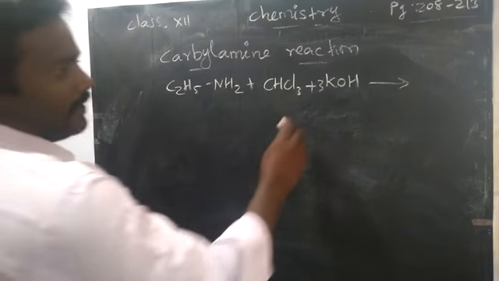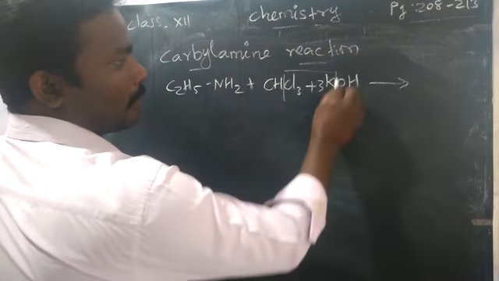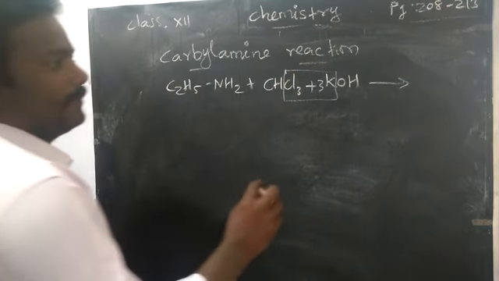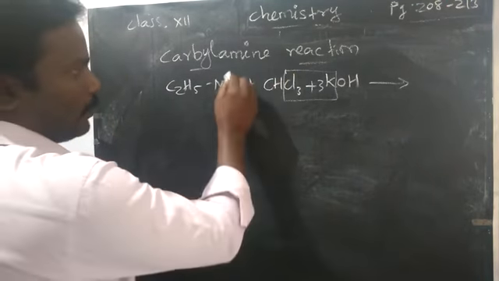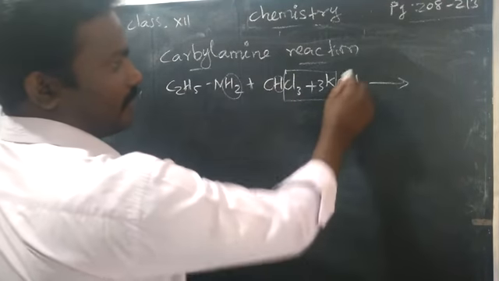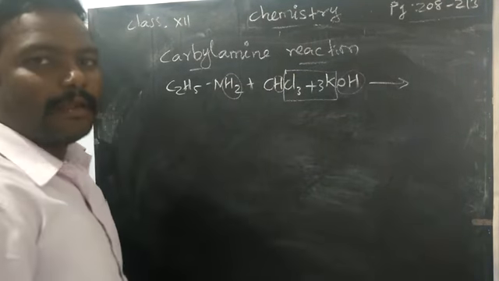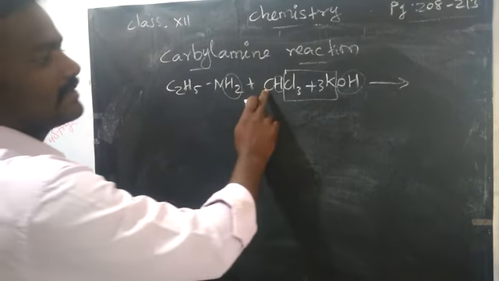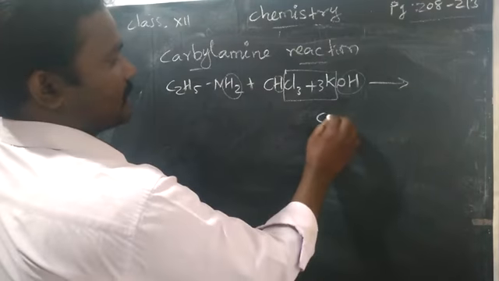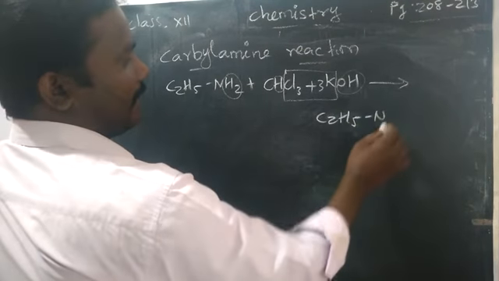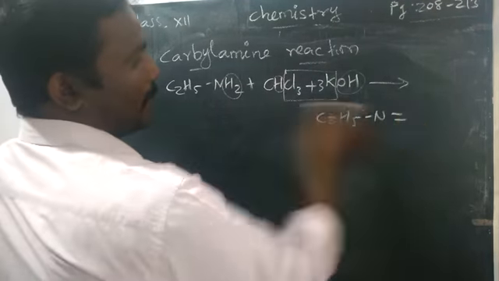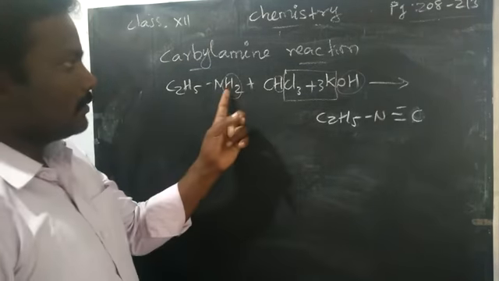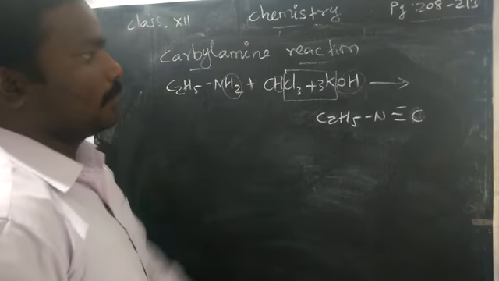How? Listen carefully. The 3 chlorines with 3 potassium will go as potassium chloride. The remaining 2 hydrogens and 1 hydrogen go with the 3 OH groups. So what is remaining? You just write C2H5NC. There is a triple bond between N and C, because 2 hydrogens are removed here and also 1 hydrogen here.